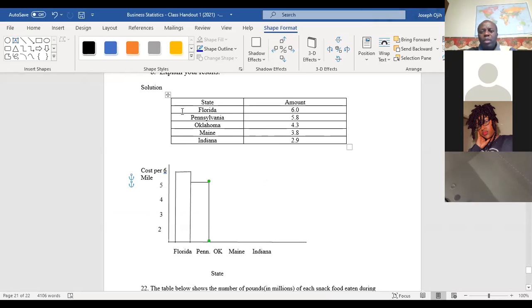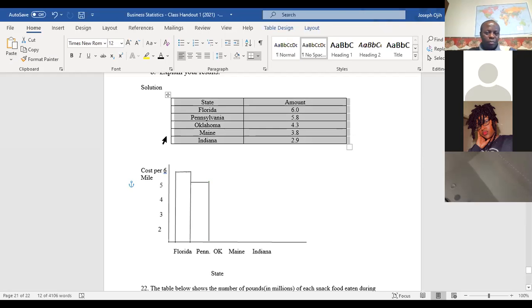There are two ways you can do this. I can either just copy it from here and paste it on that side. Instead of doing all this, I can just paste it here. Okay, so it's in. I'm going to arrange this.